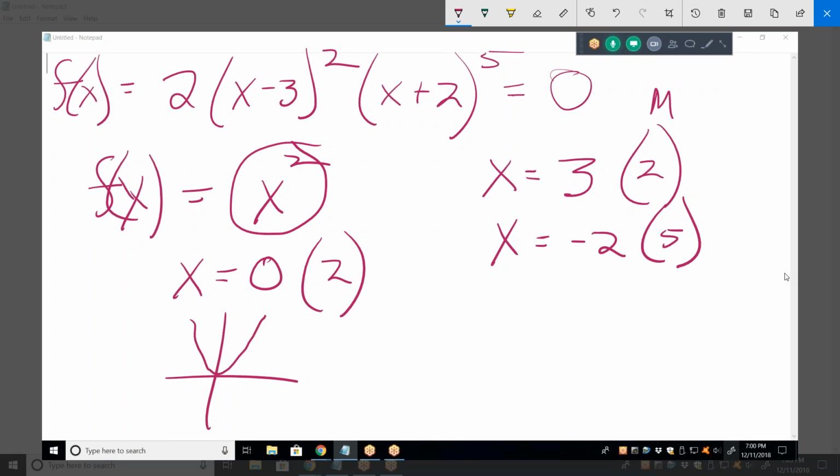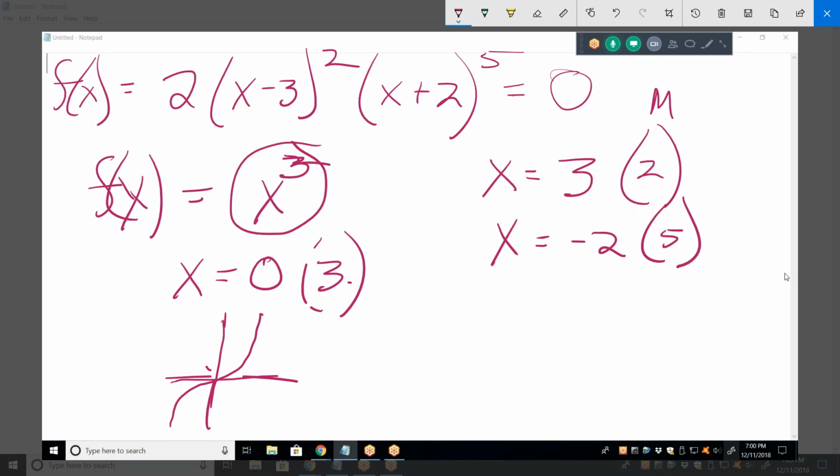And if I had f of x equal x cubed, well, that would be still 0, but now I got multiplicity of 3, and it crosses through the x-axis. Okay. So whenever your multiplicity is odd, which includes 1, it's going to go through the x-axis.